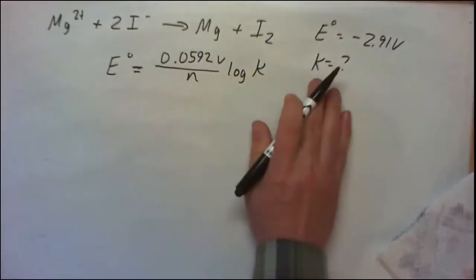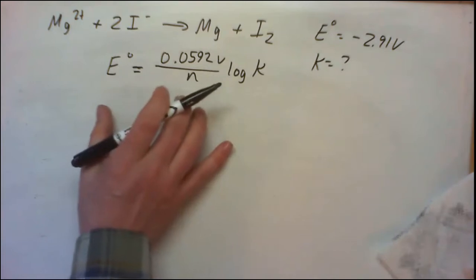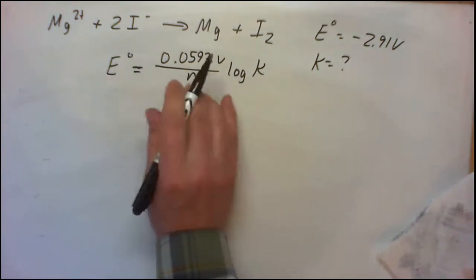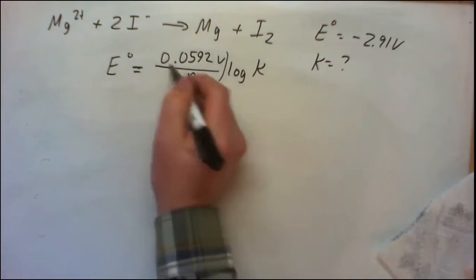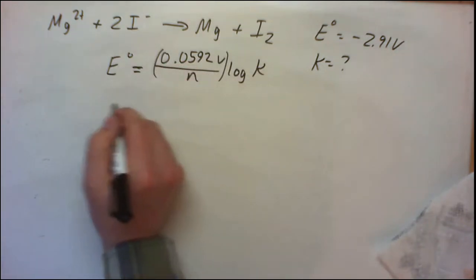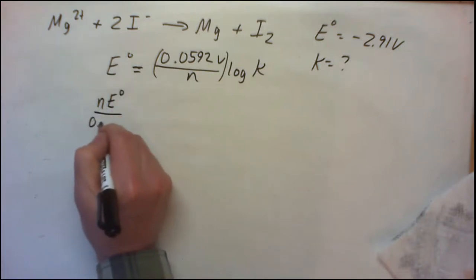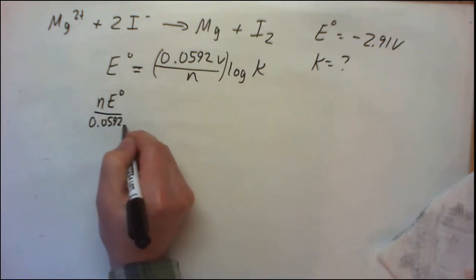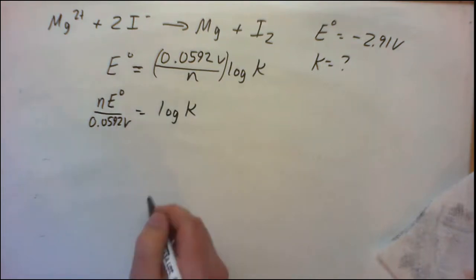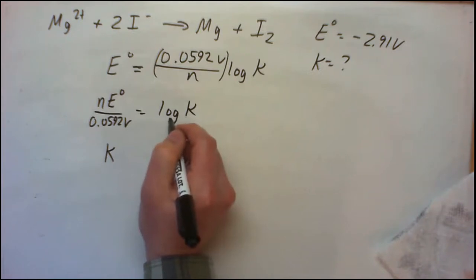Because we're asked to solve for K, one place to start would be to do the algebra to rearrange this equation to solve for K. To do that, I can first divide both sides by this ratio. When I do so, I get n times the standard cell potential divided by 0.0592 volts is equal to log of K. And then to directly solve for K, I take the anti-base 10 log.